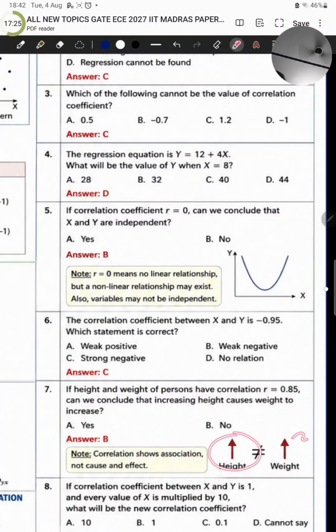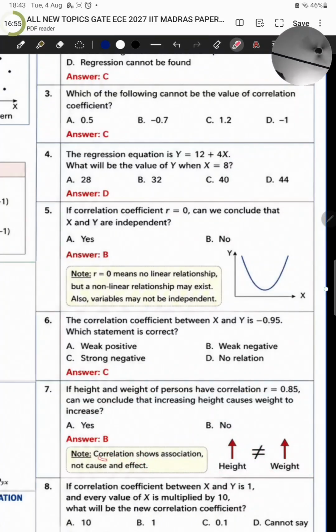You cannot say height equals weight. As per data, if height is more and weight is more also, then you can say there is an association, but that does not mean height equals weight.